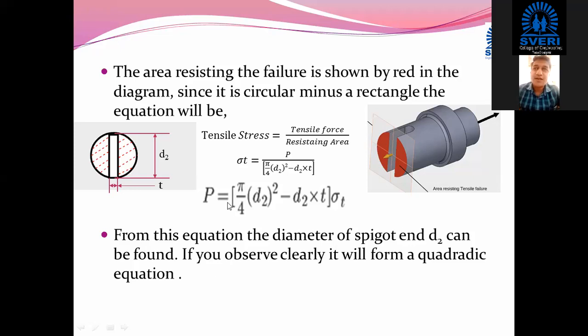So we have to subtract that value, and we can calculate the tensile stress is equal to tensile force divided by tensile resisting area. So sigma t is equal to P divided by the area, which is pi by 4 d2 square minus d2 multiplied by t, that area which is subtracted. So directly we can calculate the tensile force is equal to pi by 4 d2 square minus d2 multiplied by t, into the tensile stress sigma t.